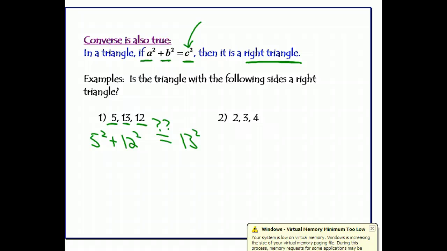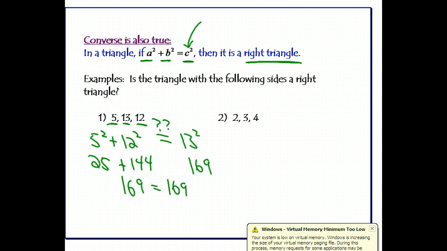So let's try it and see. 5 squared is 25, 12 squared is 144. Add those two up. It looks like 169 on this side. And it turns out 13 squared is 169. So does 169 equal 169? Yes, it does. So that one's a right triangle.